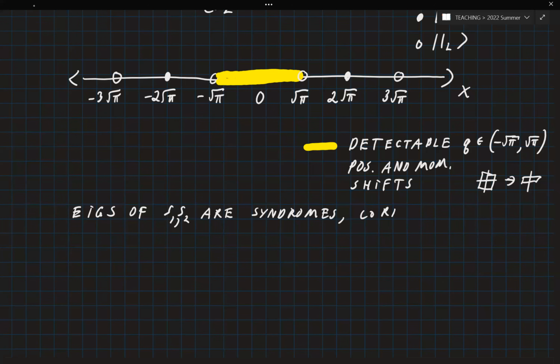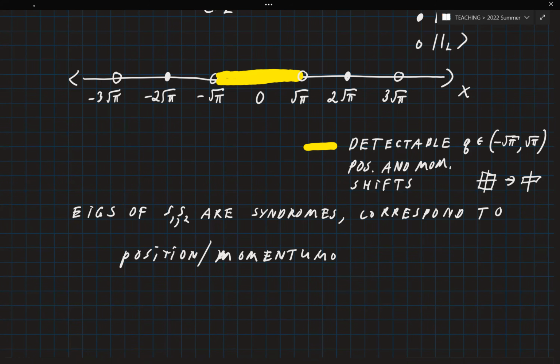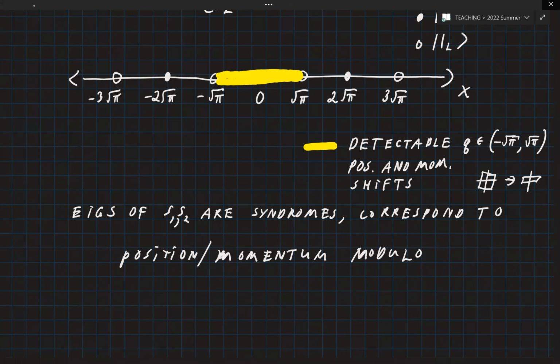And these correspond to measuring partial information about the position and momentum of the oscillator, position or momentum respectively, modulo square root of pi. Let me get the factors of 2 right.